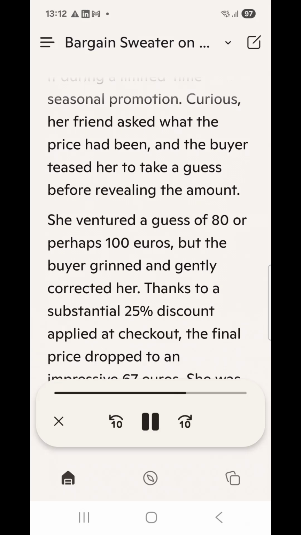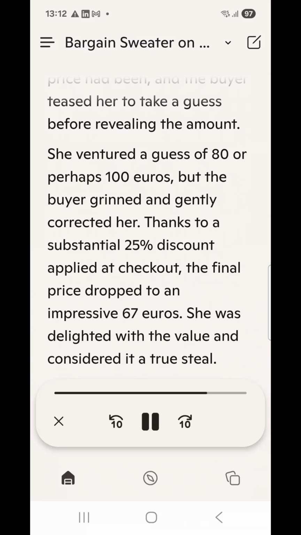So she threw out a guess thinking, probably like 80 or maybe 100 euros. But then the buyer just broke into this big grin and was like, nope. Because get this, thanks to this massive 25% discount at checkout, the final price was just 67 euros. Can you believe it? She was over the moon, absolutely thrilled with the deal, thought it was a total steal.